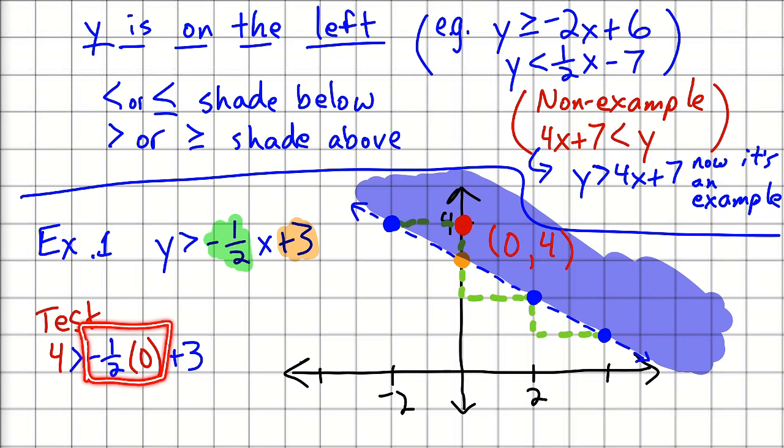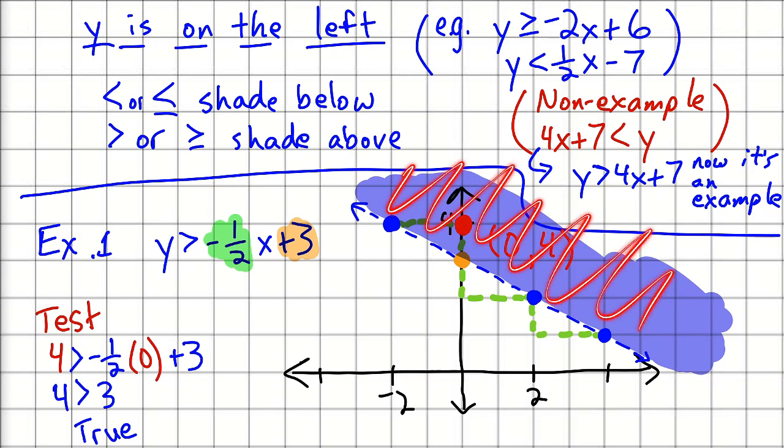This part becomes 0 because any number times 0 is 0. So 4 is greater than 3, and that's true. So (0, 4) is in the solution area.